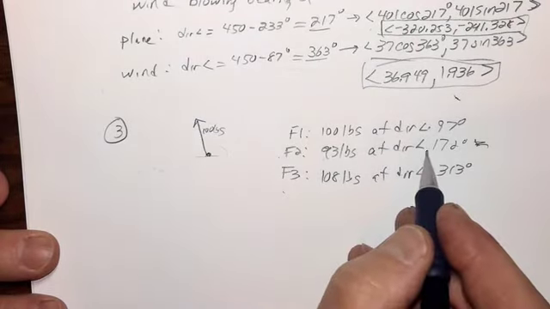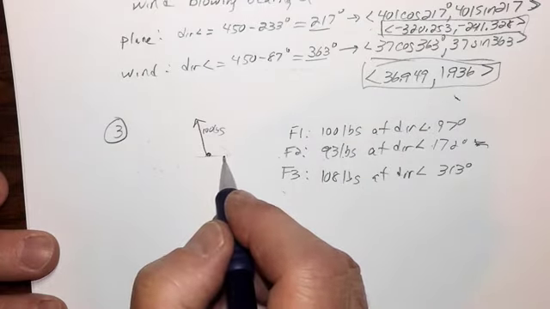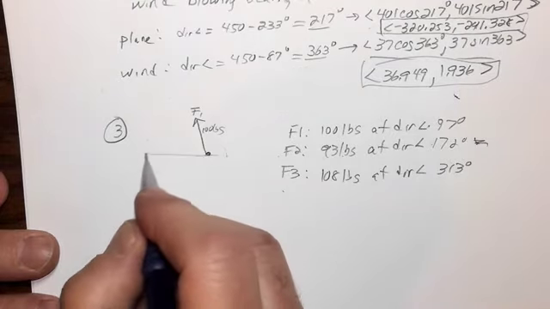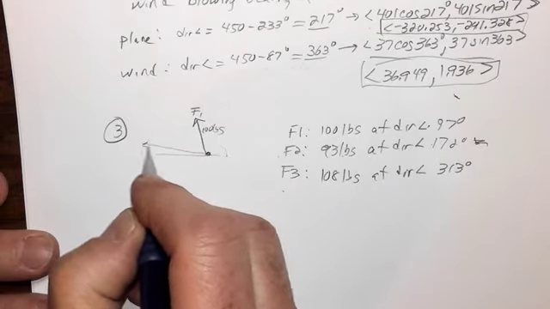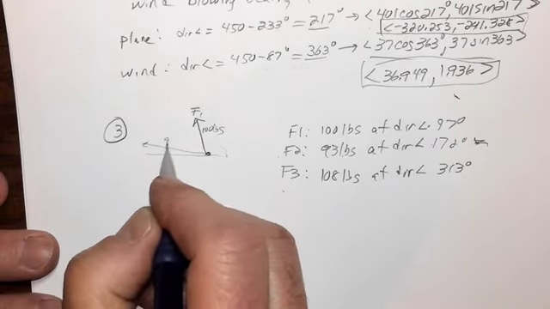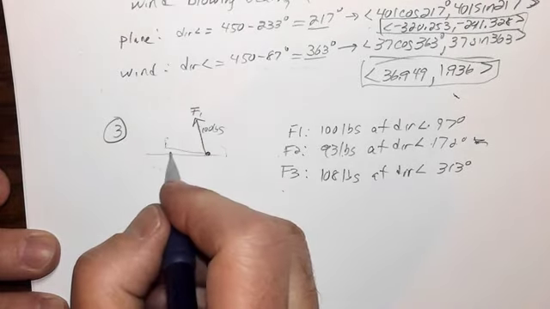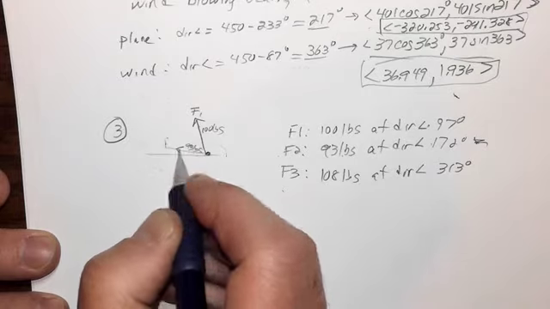This is force 1. Force 2, 93 pounds at a direction angle of 172 degrees, would be down here kind of like this. I can't draw it that long since it's less than this one.